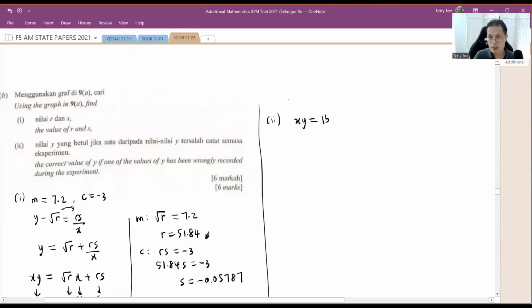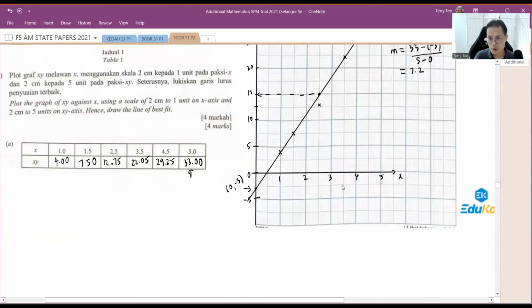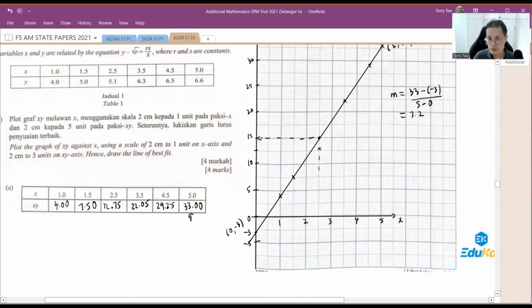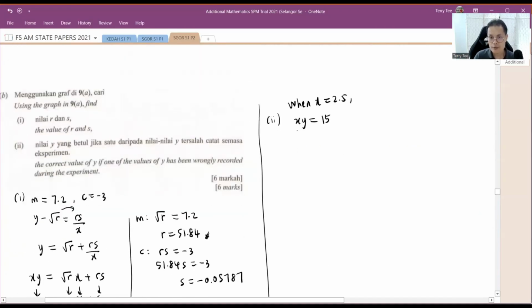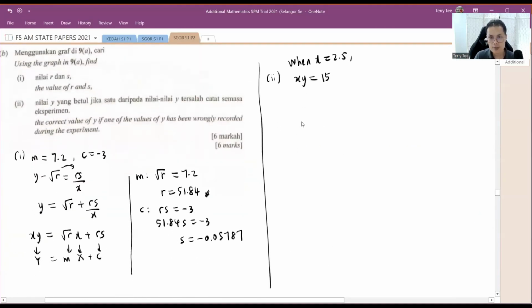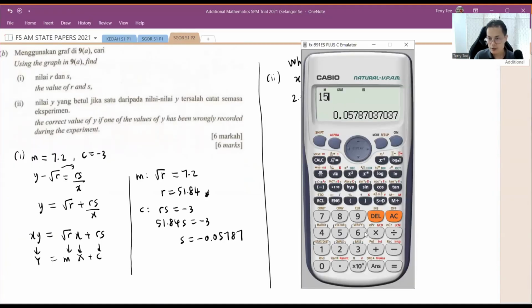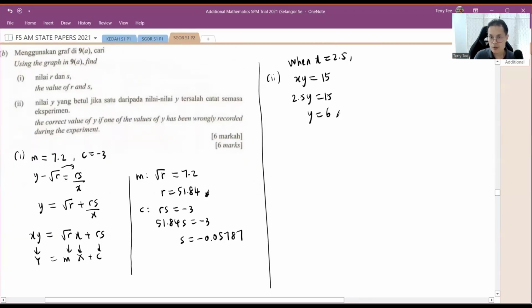Now, this happens when your x is what? 2.5. Yeah. Look at the graph again, when x is 2.5, right? So sub 2.5 inside your x here. So let's take 15, divide 2.5. You should get 6. 15 divide 2.5. Answer is 6. Okay, there you go. That's your correct value of y.